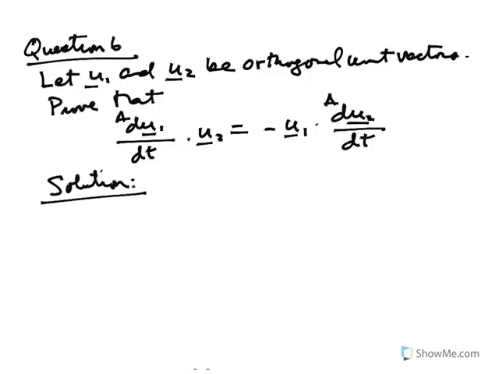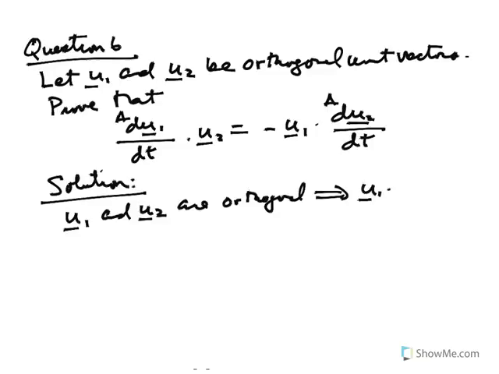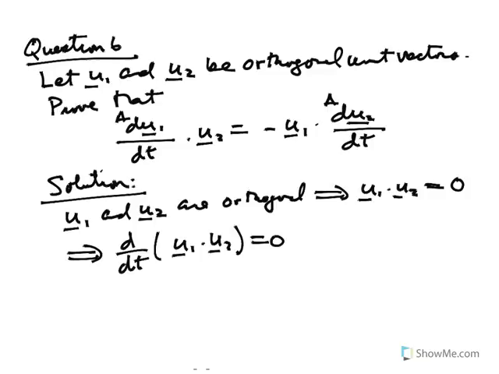Because u1 and u2 are orthogonal, that implies that u1 dotted with u2 is equal to 0. So that implies that the rate of change of u1 dotted with u2 is equal to 0, which implies I can take the rate of change in any frame I feel like, because u1 dotted with u2 is a scalar.